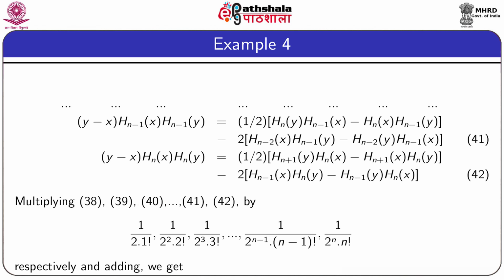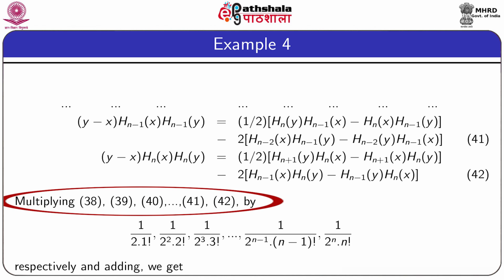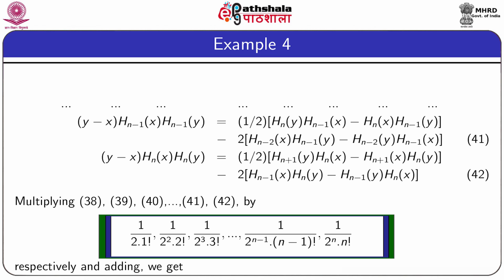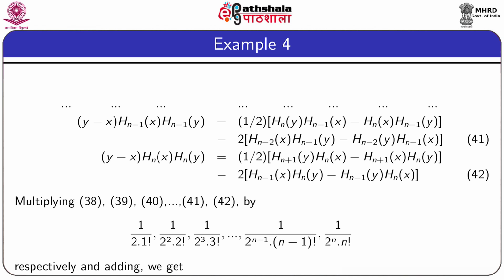Next we multiply equation 38, 39, 40, 41 and 42 respectively by 1 by 2 into 1 factorial, 1 by 2 square into 2 factorial, 1 by 2 cube into 3 factorial, and so on, up to 1 by 2 to the power n into n factorial, and then we add all these results.